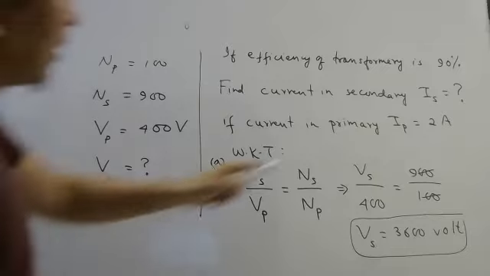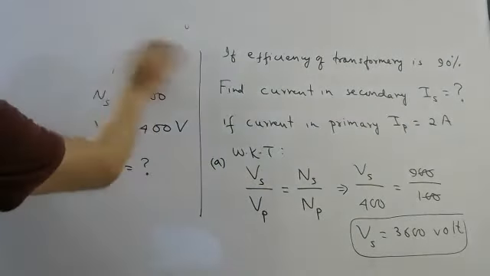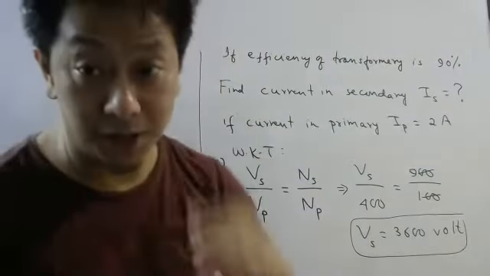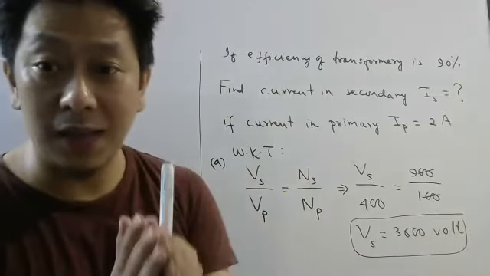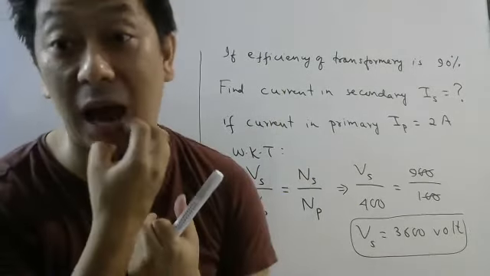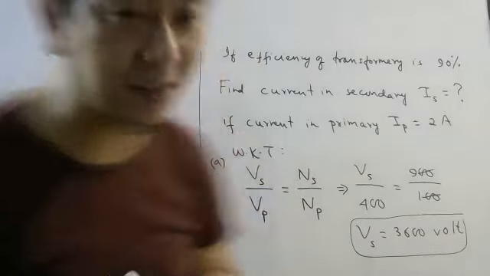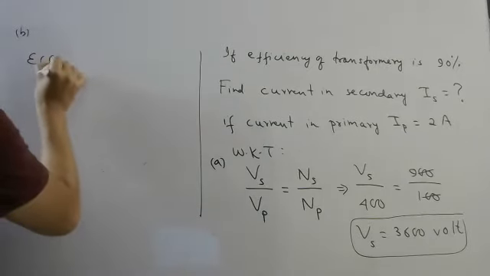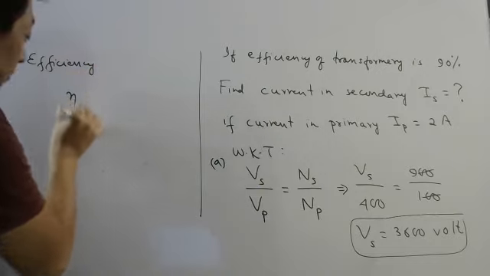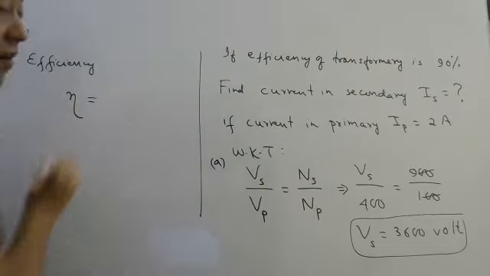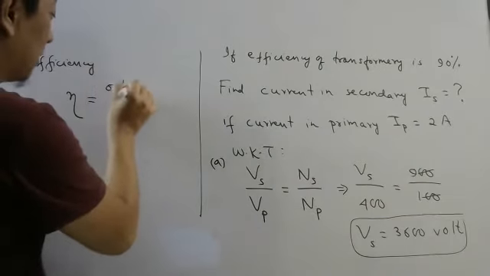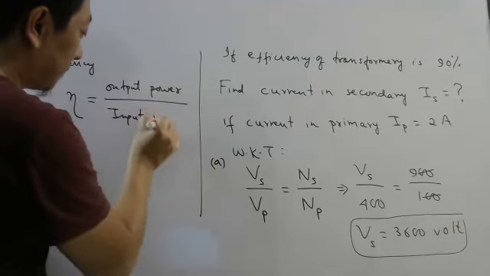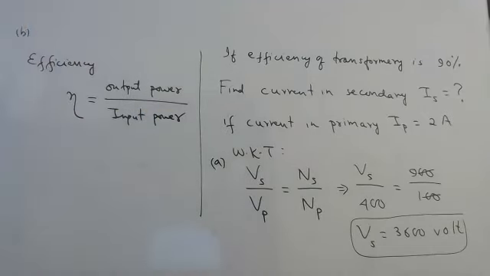After that, we have to find current in the secondary. But remember, they told efficiency is 90%, not 100%. If it was 100%, we call that kind of transformer an ideal transformer. But here it is not mentioned like that. So for the second part, we will write the formula for efficiency. We will give symbol eta. Efficiency of any device is always output power by input power. So this formula we should know.